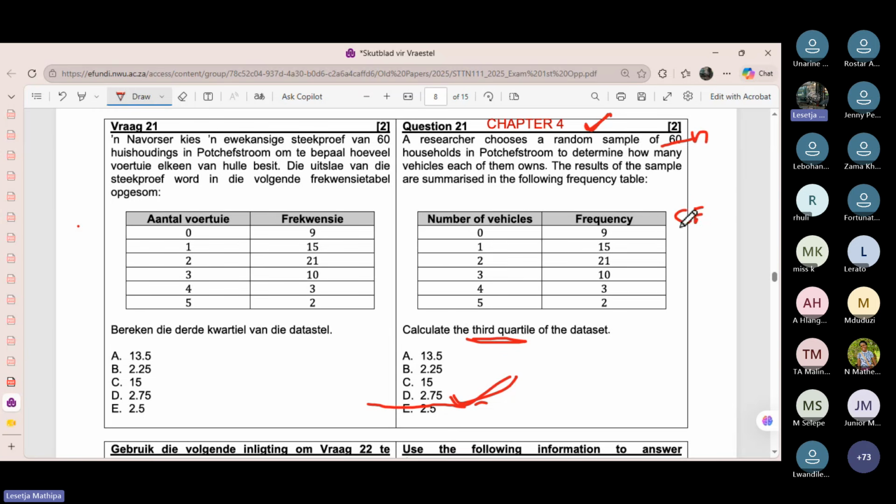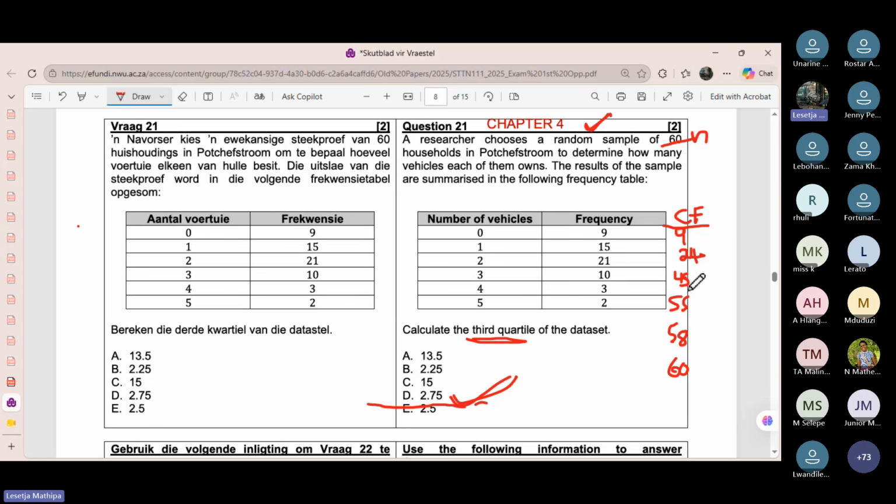I'm gonna put CF, cumulative frequency: 9, 24, 45, 55, 58, and 60. 60 will be the last one.